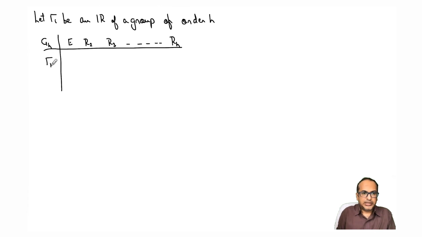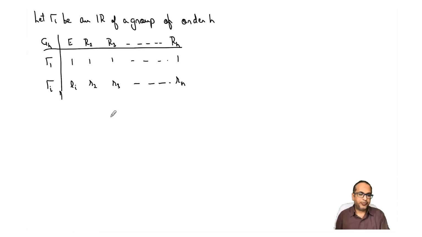So let's say I have tau 1, which is the totally symmetric representation, so I'll have all ones here. And I have a general IR, which is tau i. Here it will be li, which is the dimension; it can be 1 or anything. Then I'll have different characters or matrices depending on the dimension, for R2, R3, and so on up to Rh.